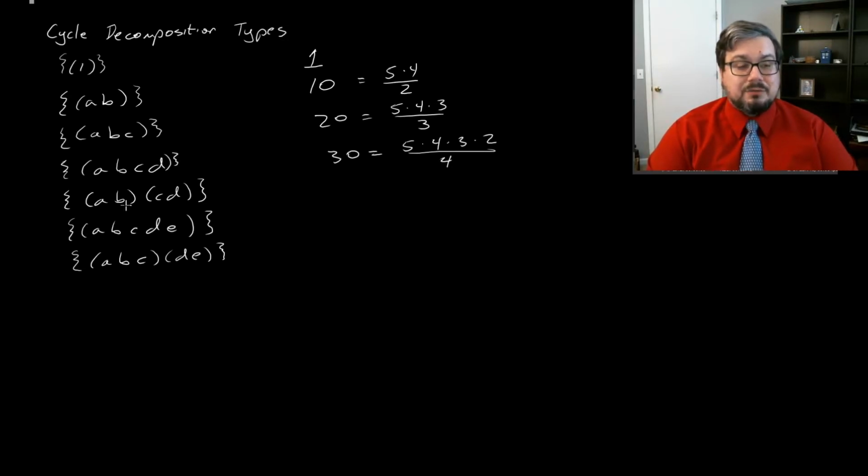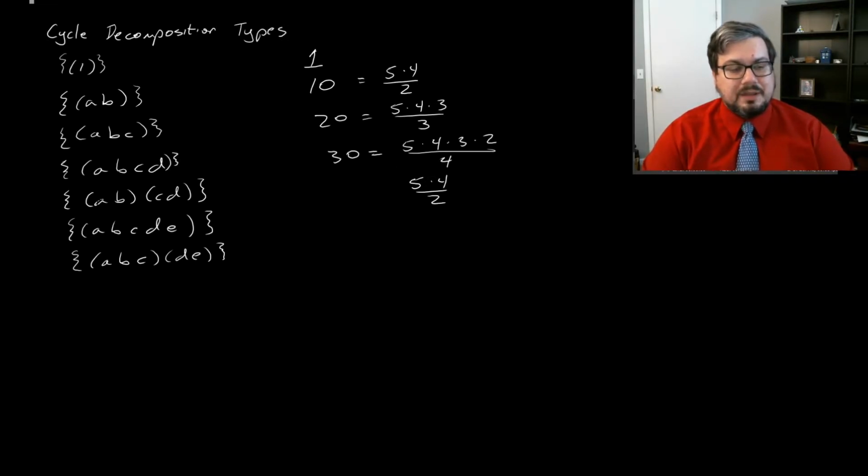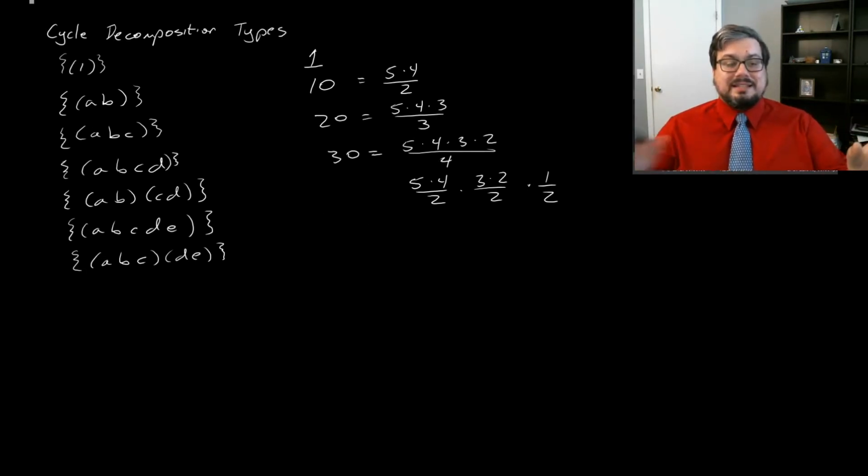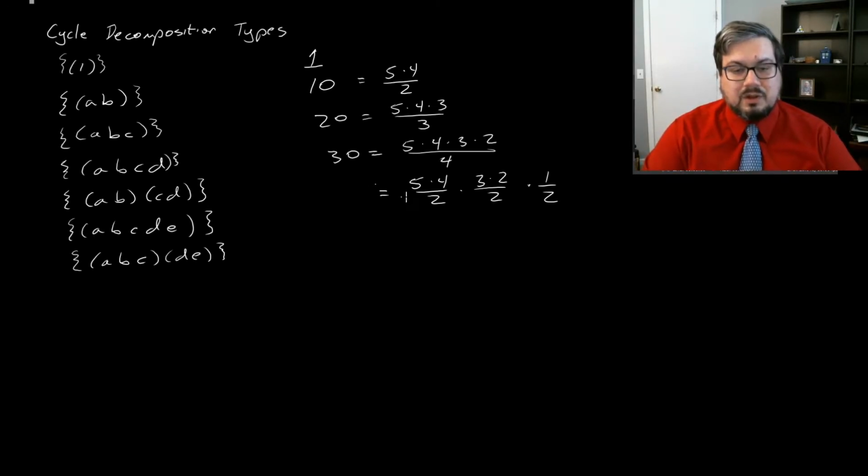For the product of two transpositions, we can have 5 times 4 divided by 2 for the first transposition, and then 3 times 2 divided by 2 for the second transposition. But then we've got to multiply by 1/2, because AB times CD is the same as CD times AB. So all that together gives us 10 times 3 times 1/2, which is 15.